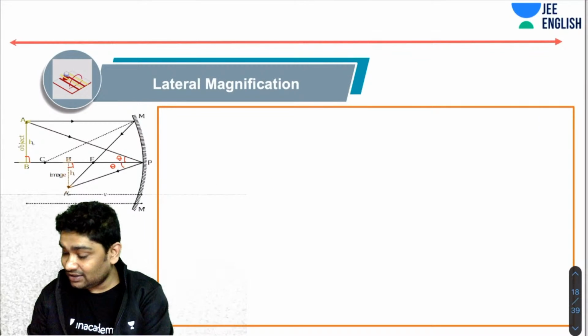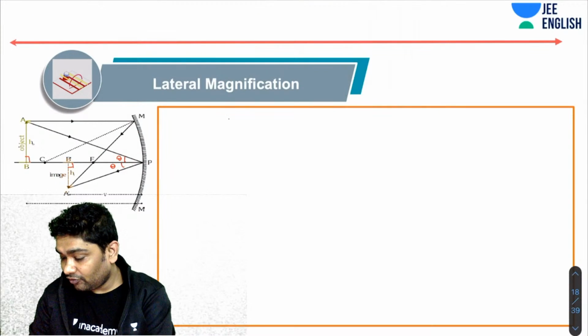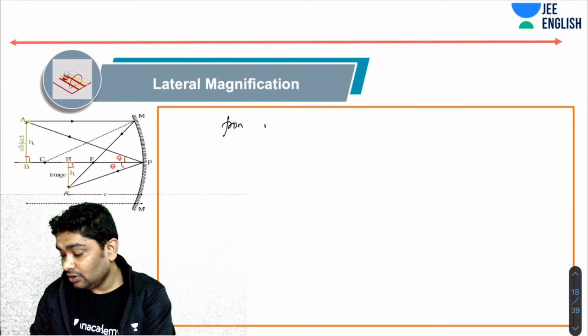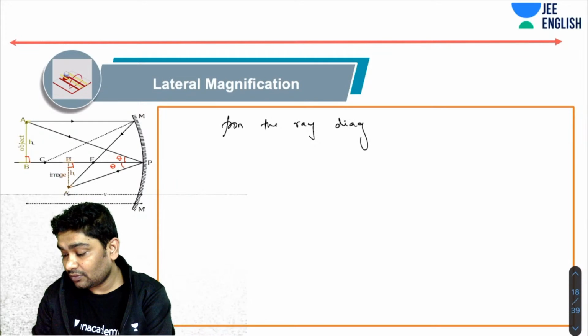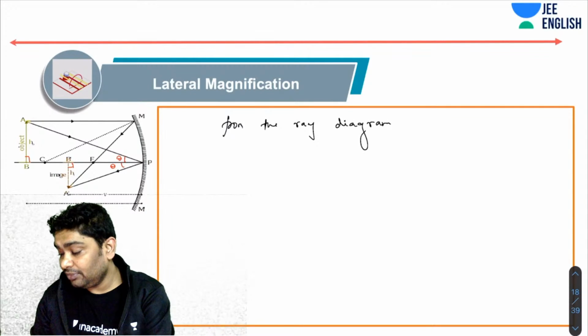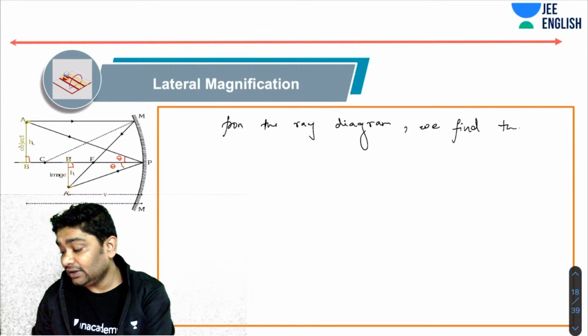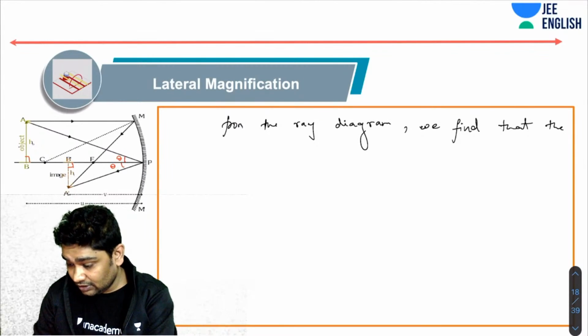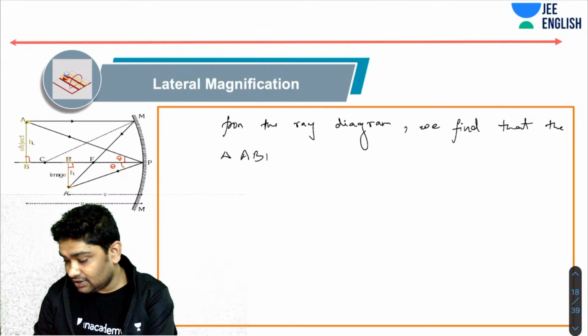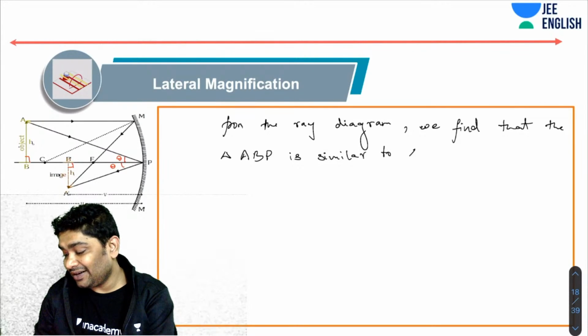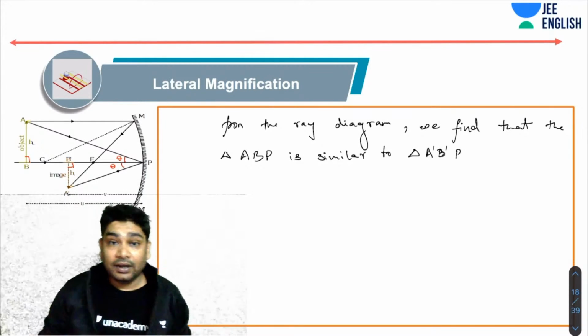From the ray diagram, we find that triangle ABP is similar to triangle A dash B dash P. Agreed?